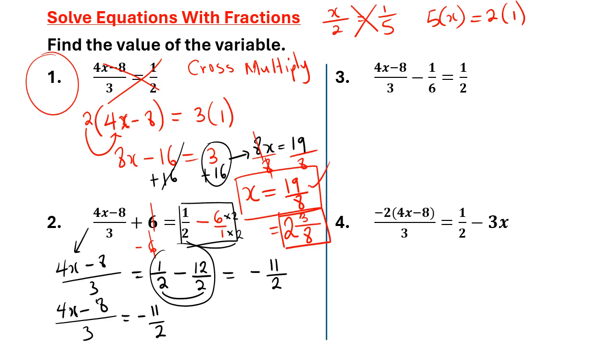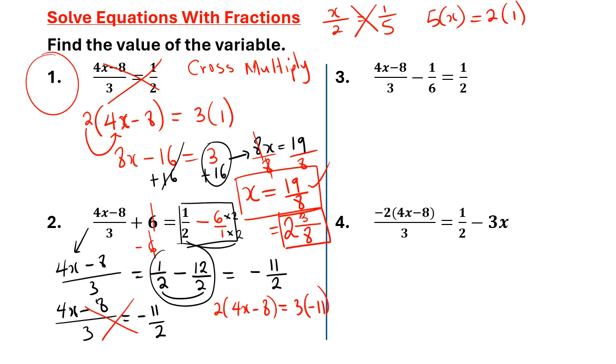So now this is a proportion. We do not have any extra number anymore. We had +6, now it's gone. So we'll just cross multiply now. Do the same process. So 2 times 4x minus 8, and that would be equal to 3 times -11.